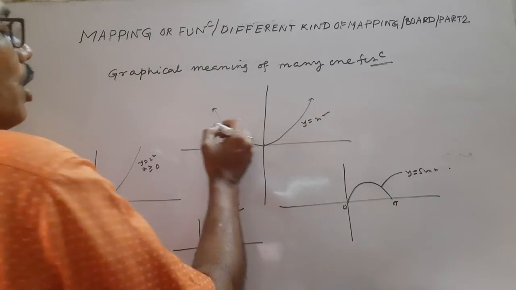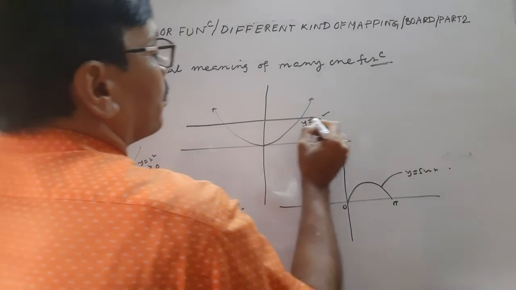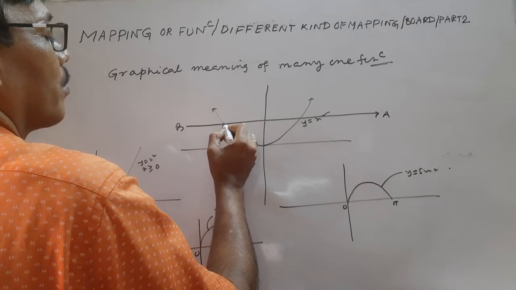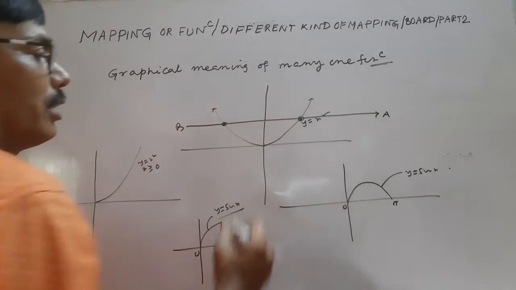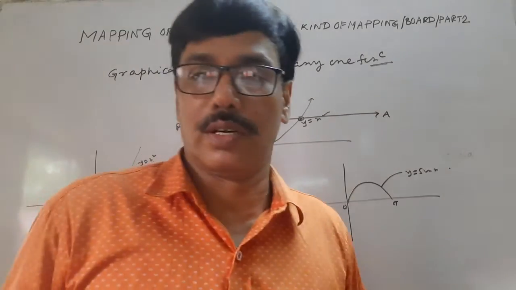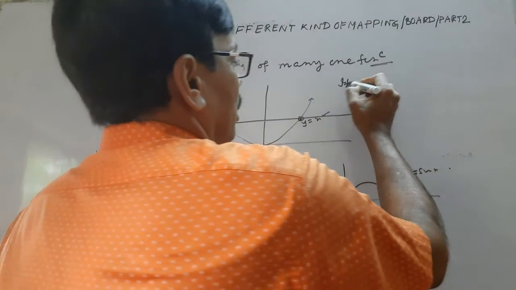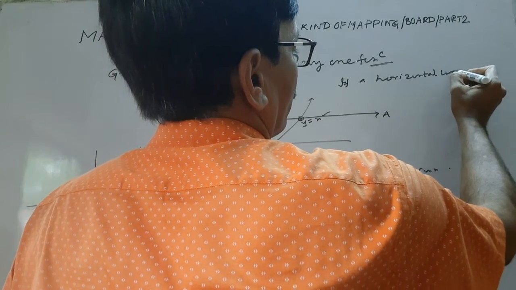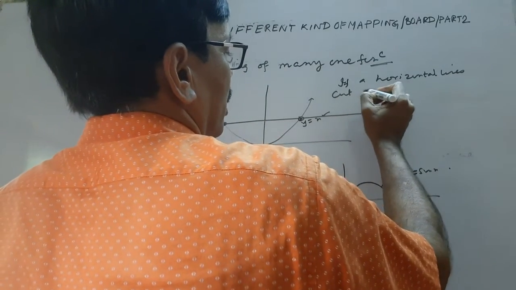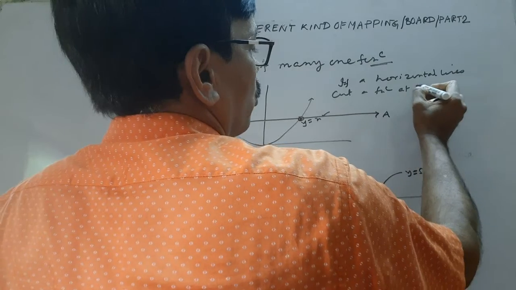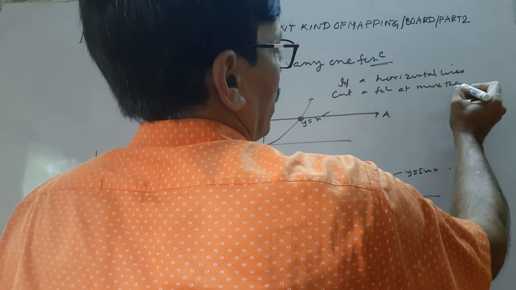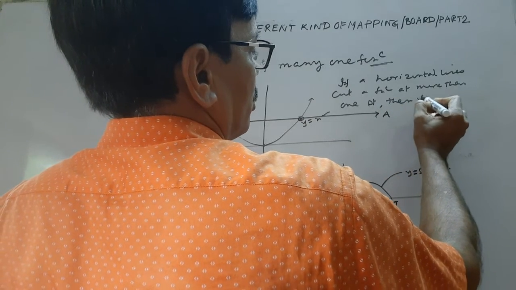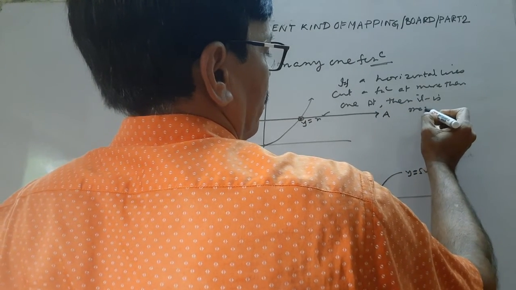So look, geometrical representation: a horizontal line AB cuts a curve at more than one point, then it is many one. If a horizontal line cuts a function at more than one point, then it is many one.